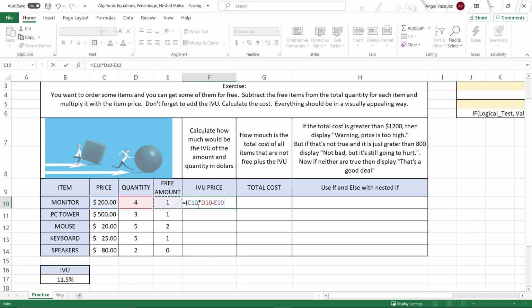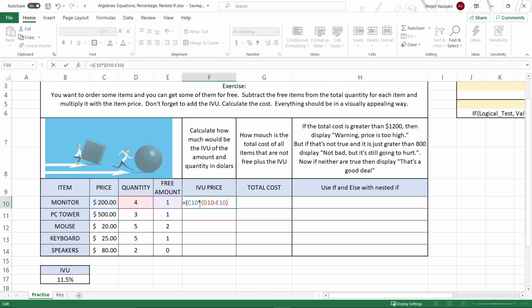But what's going to happen here? What we're going to do is multiply 200 times 4, and then that result minus 1. And we don't want that. So we need to use parentheses here to put, first we need the subtraction, and then we multiply times the price.